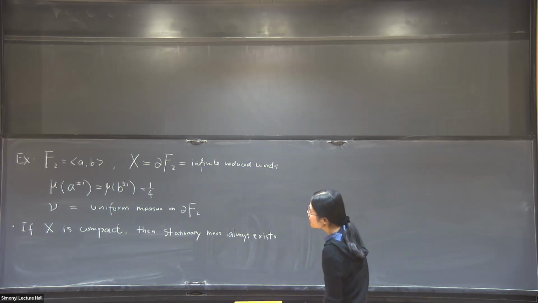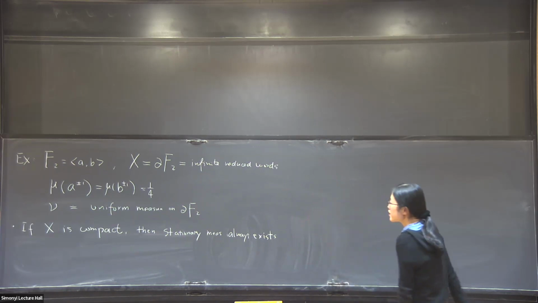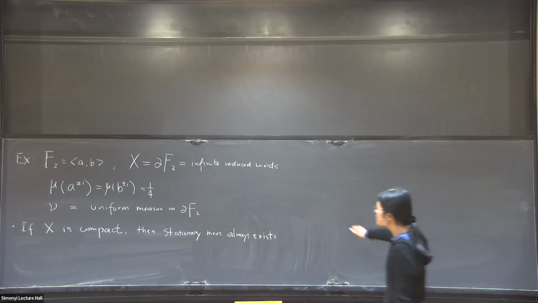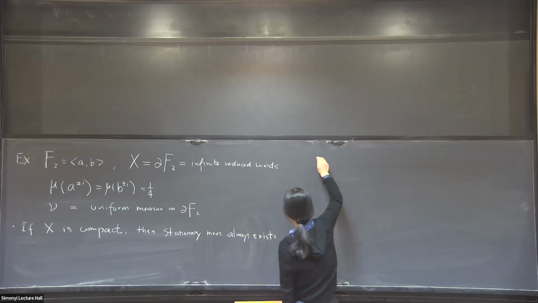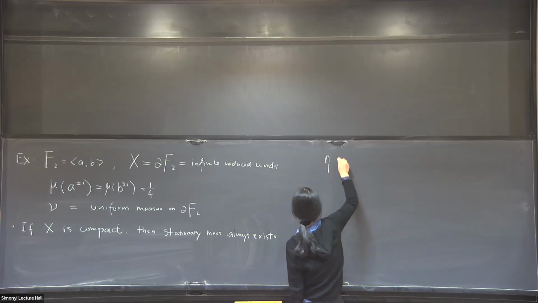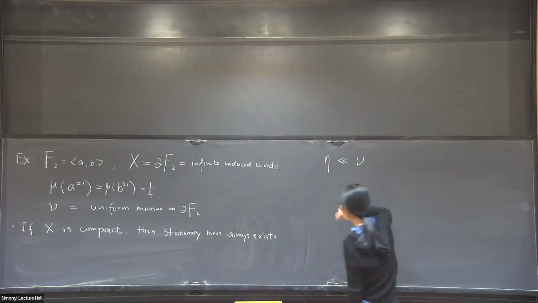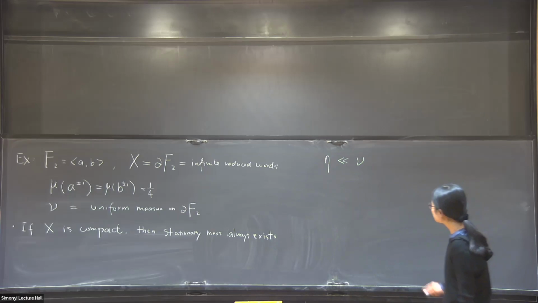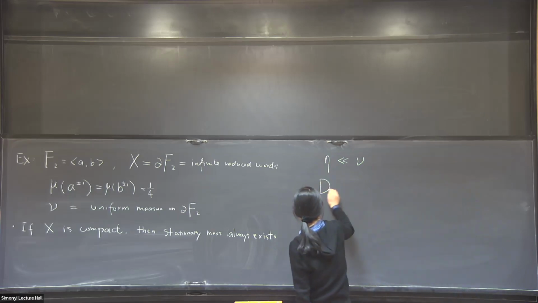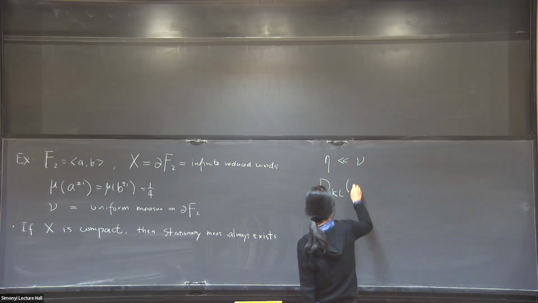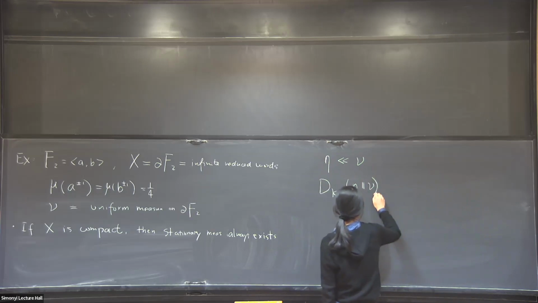And so we're going to look at the Furstenberg entropy of such measures. Let me write down some definitions. Let's recall, if you have two measures, say eta and nu, and we assume eta is absolutely continuous with respect to nu, then you can look at the KL divergence between these two measures.